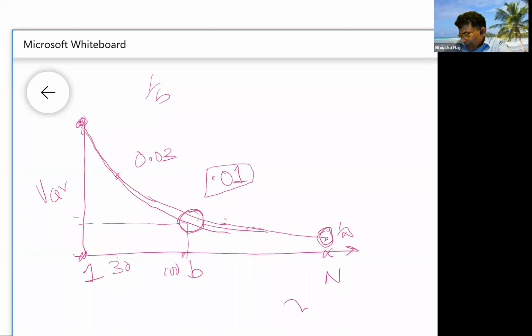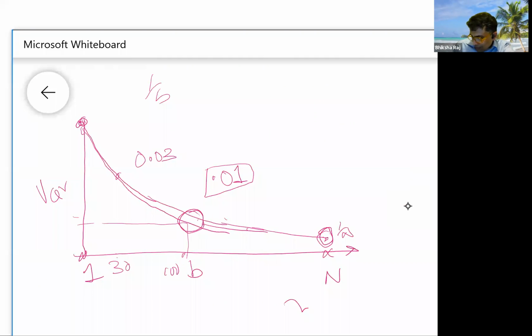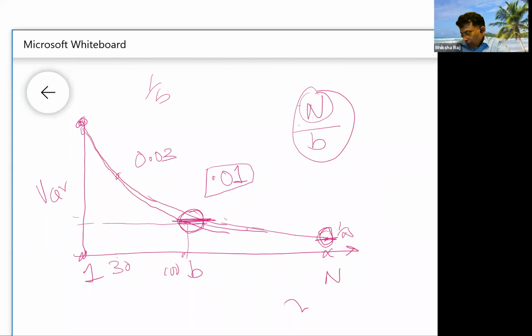And so the mini batch update gives you this advantage that you get almost as low variance as you do with the full batch, but you still manage to get, if you have n training samples, n over b updates in a single epoch, a single pass through the data.